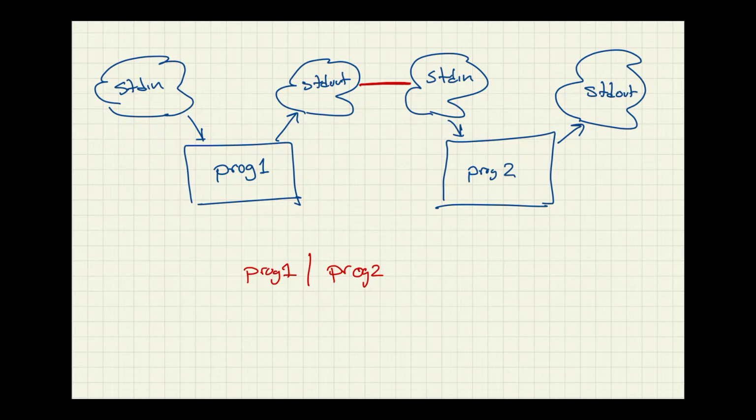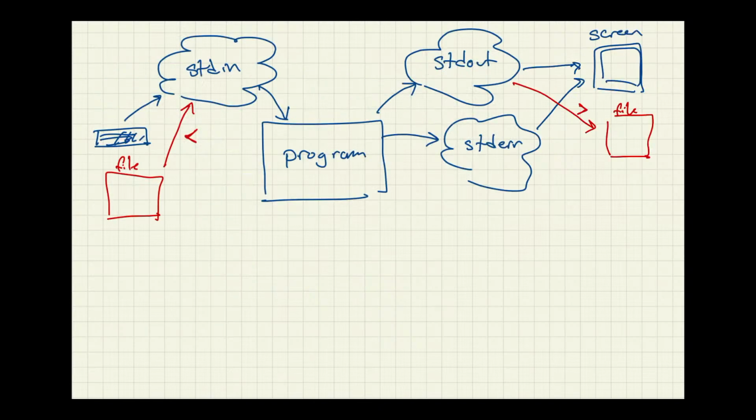And you can mix and match. You can redirect things separately. Like you could have the standard error of program number 1 go to a file, and the standard output be piped to another program. So you can do fancy stuff like, oh, by the way, in this picture over here, standard input is file number 0, standard out is file number 1, and standard error is file number 2. So they all have numbers associated with them.